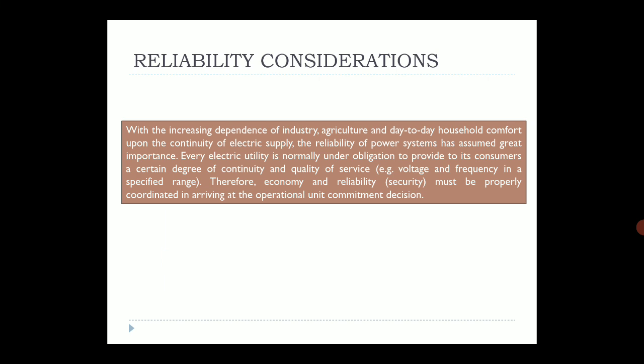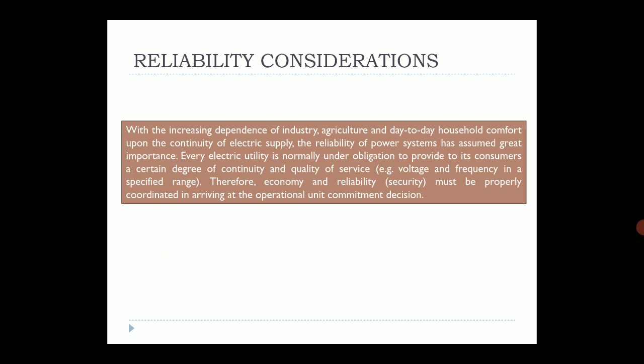So this is a text taken from the book. With the increasing dependence of industry, agriculture, and day-to-day household comfort upon the continuity of electric supply, the reliability of power system has assumed a great importance.